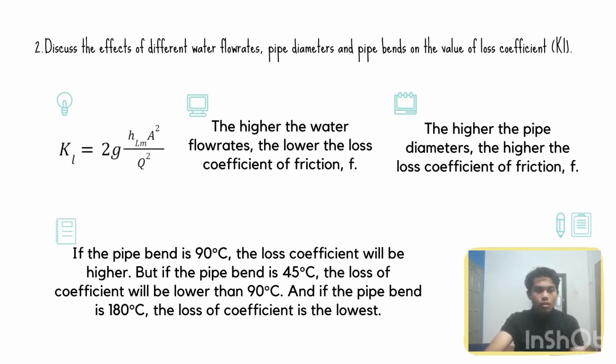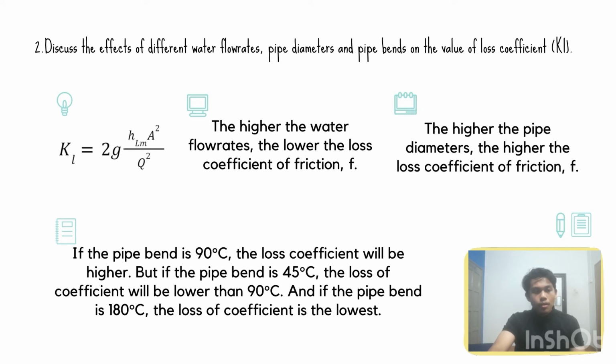So the higher the water flow rate, the lower the loss coefficient. For the pipe diameter, if the pipe diameter is larger, then the loss coefficient is also larger.